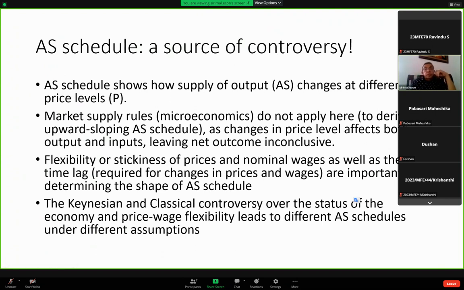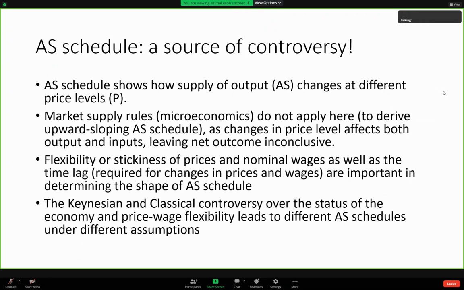a schedule shows how supply of output changes at different prices. Now again, the microeconomic analysis cannot be applied here too. We know the supply and price relationship in microeconomics because we are dealing with one product there, but here the entire goods and services produced in the economy.